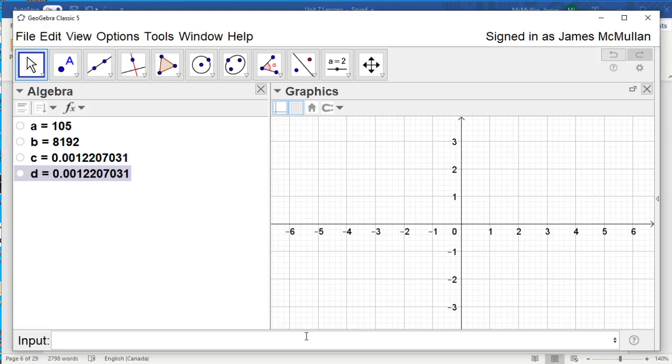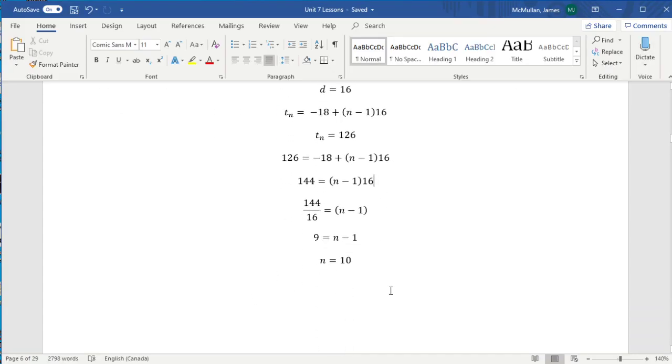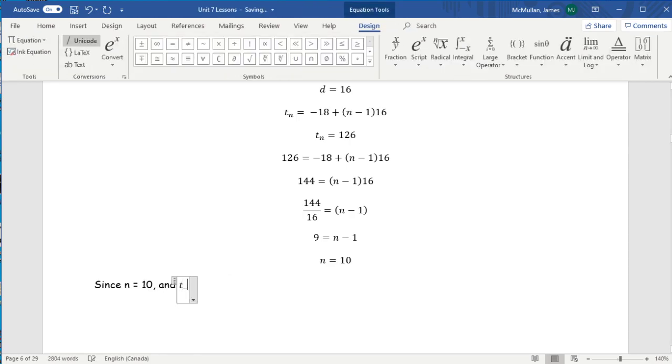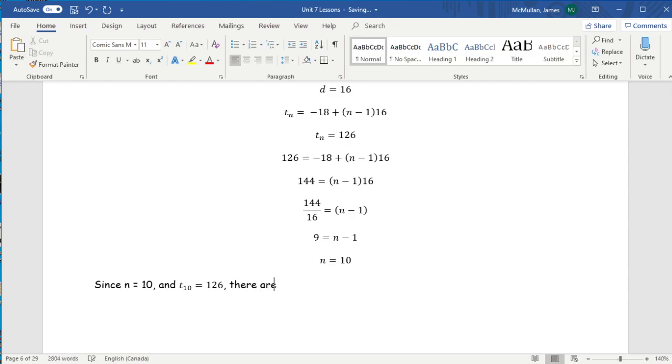Let's just check my math on that. -18 plus 9 times 16 gives me 126. Yeah, so I'm good. Since n equals 10 and T10 is 126, there are 10 terms in the sequence. Okay.